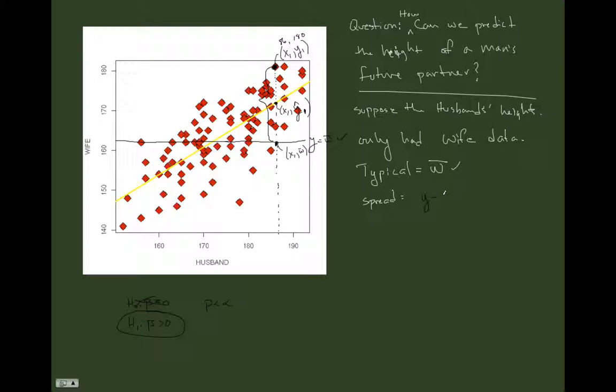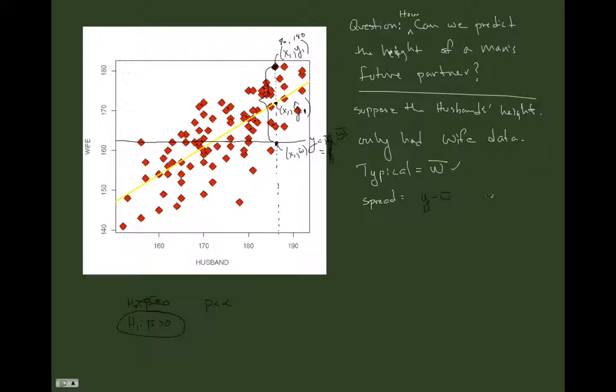I like to write y bar here, but let me just stick with w bar. That's fine. It won't be the same as the formula in the book, which is what I'm concerned about, but maybe I'll do it both ways.